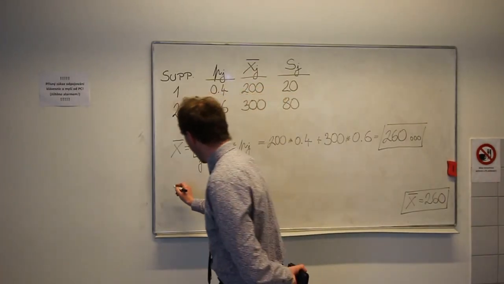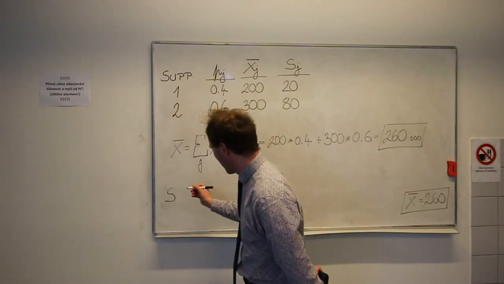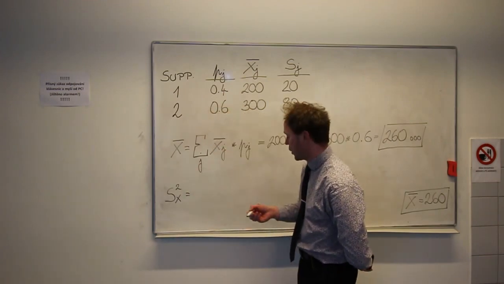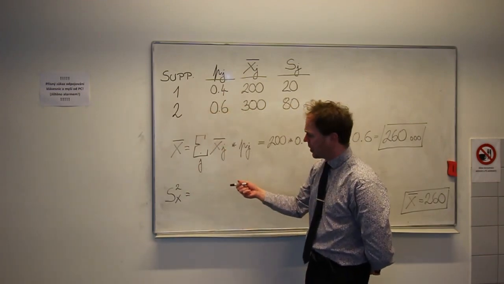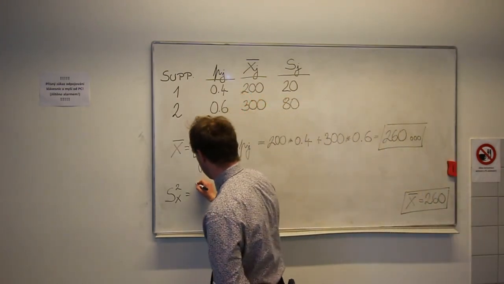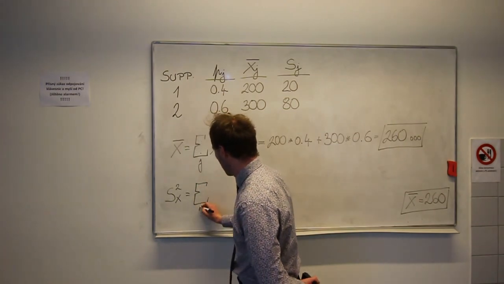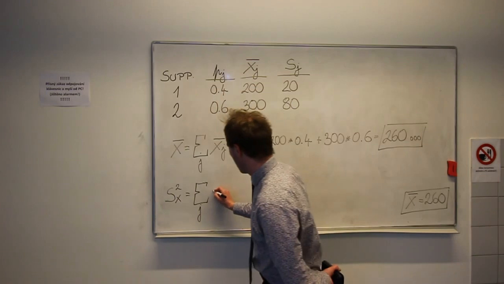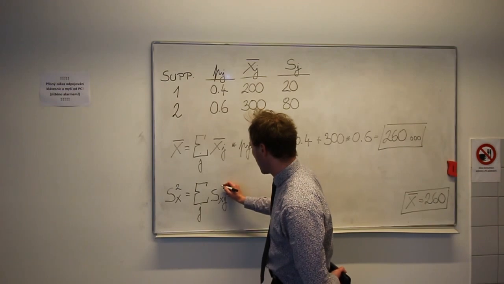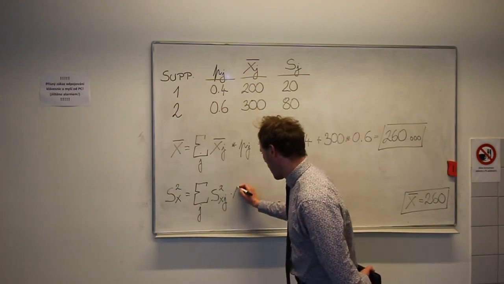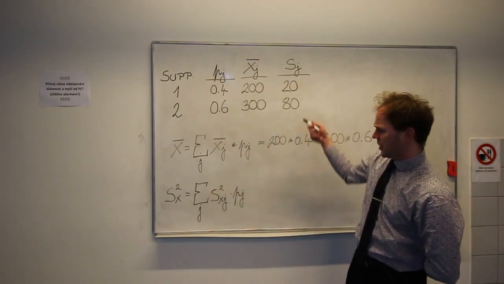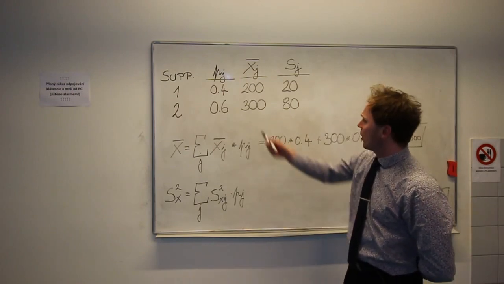According to the formula which you have written, for example, in presentations given by Mr. Hellman or in your formula sheet, I will rewrite here the formula for the decomposition of variance on the basis of relative frequencies. There will be summation through all j, s_j squared weighted by p_j. We need to use individual variances weighted by relative frequencies.